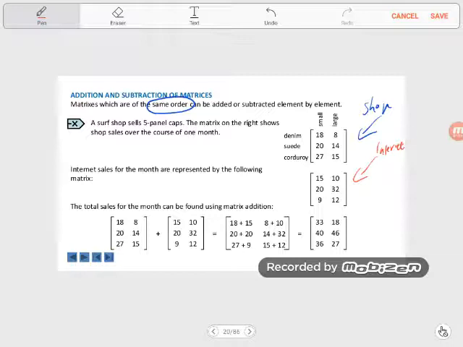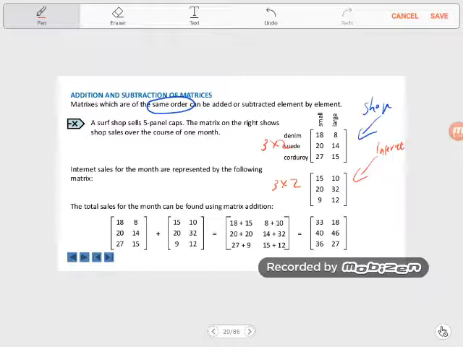So for this store owner to decide the total sales, they'd add the sales in the shop to the sales on the internet. And they're both 3 by 2 matrices, so we can add them up because they're of the same order.